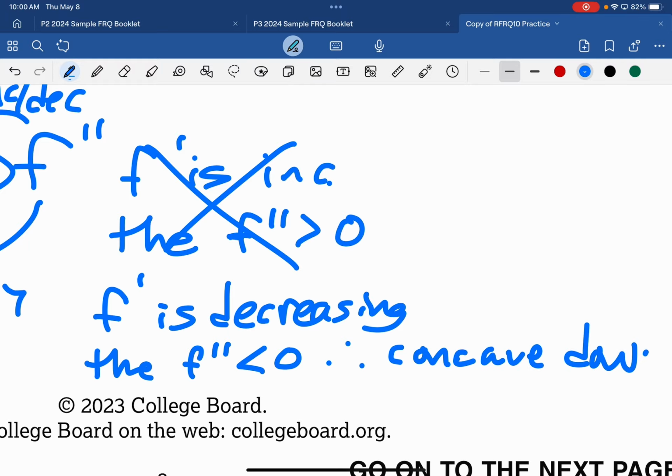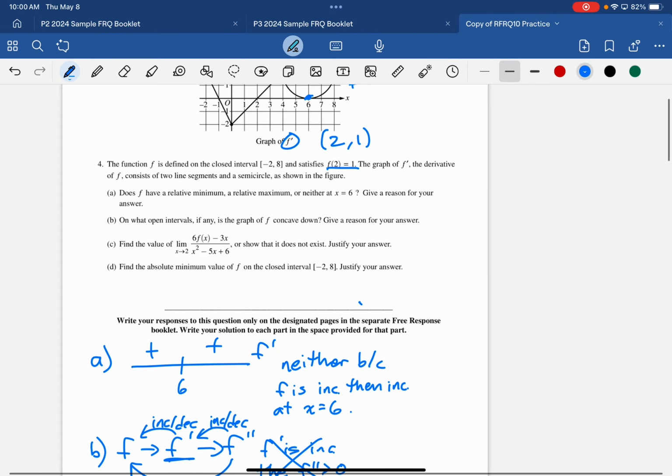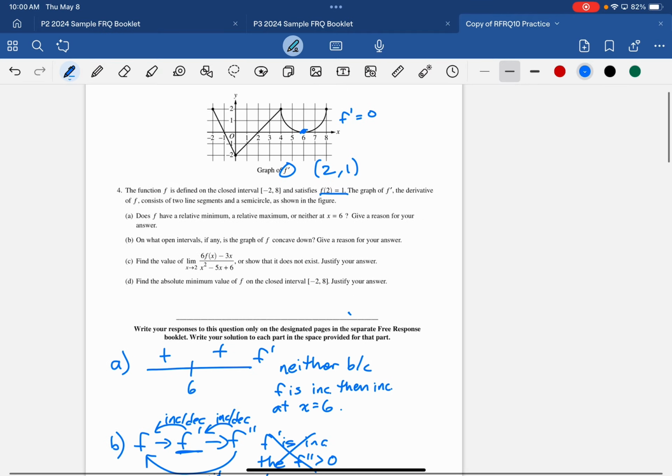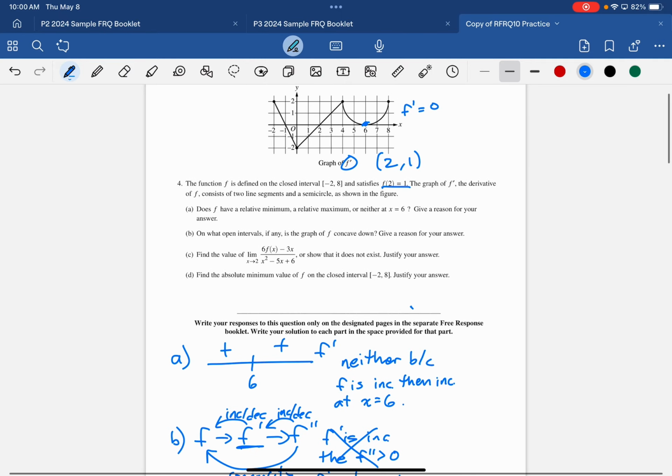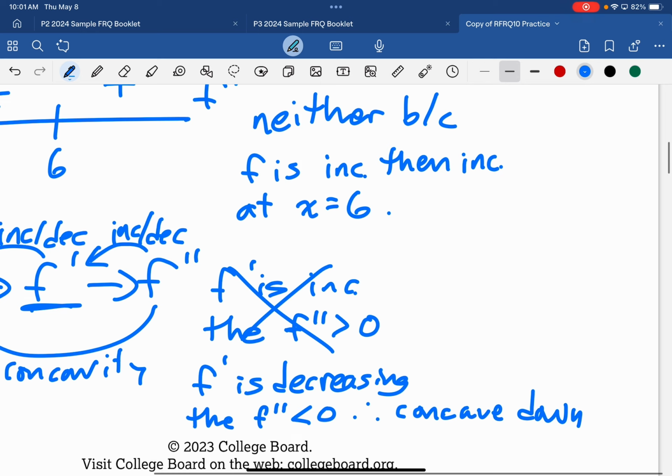All right, you guys with me still? Okay, so where is f prime decreasing? -2 to 0, right? So I'm going to say -2 to 0, and I'm going to say x right there. And I'm going to write it like this because you guys keep using brackets when you describe intervals of increasing, decreasing.